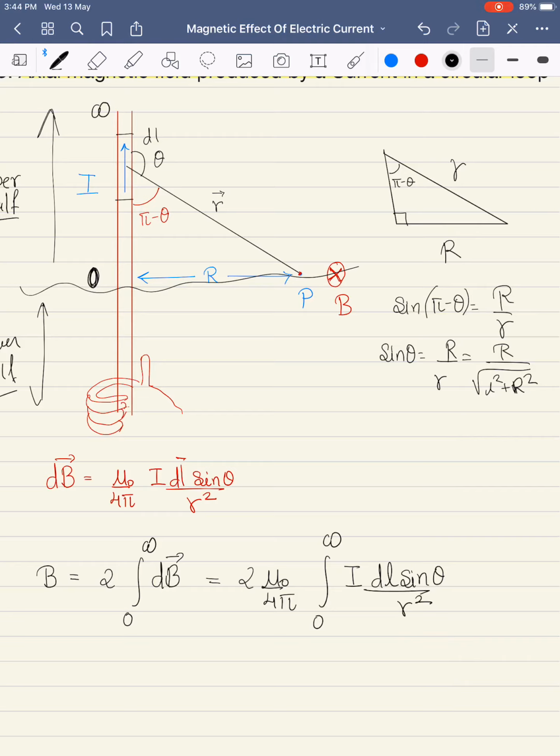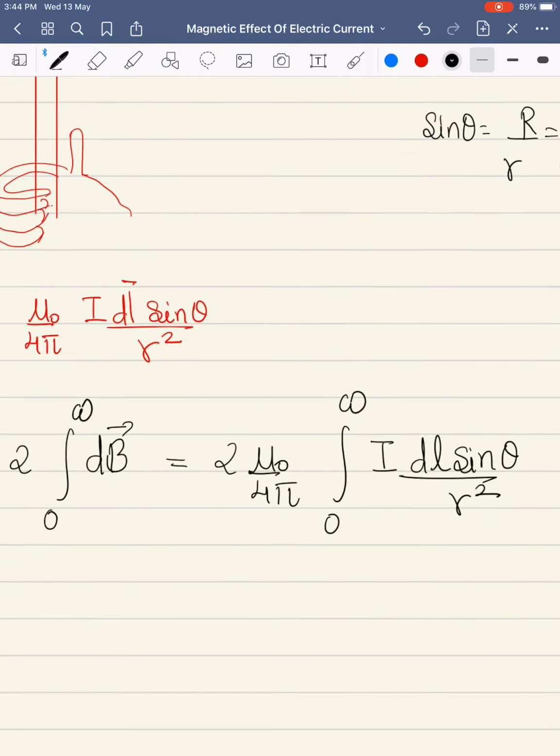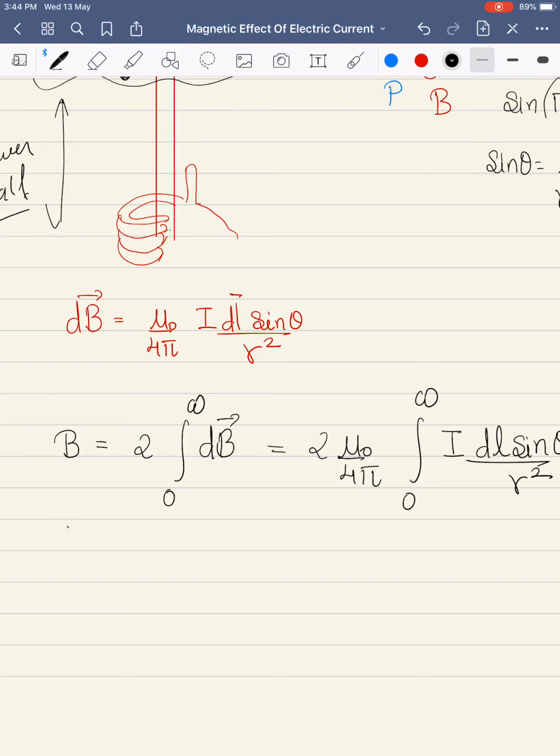So what I can say now is this dl element, dl into sin theta, we can write as r value. So we can say the small magnitude B as mu naught I by 2 pi, integration 0 to infinity dl into, what is sin theta?